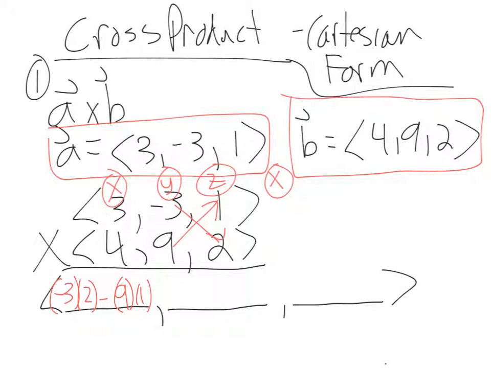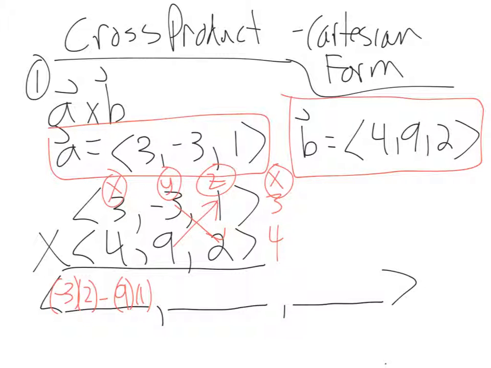Then I need to repeat the X component here, 3 and 4. So now what I need to do is multiply Z and X together, right here and here, to generate the Y component.